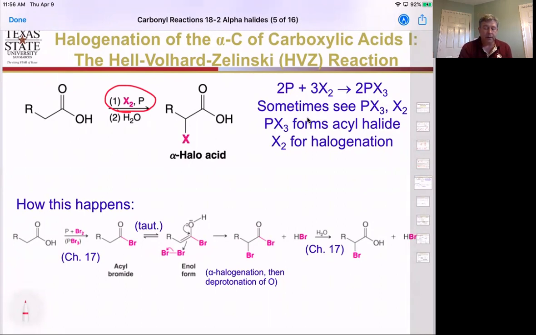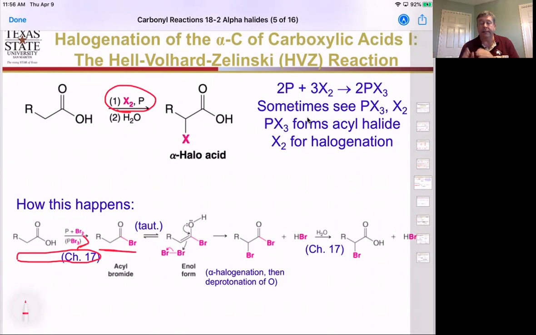So let's look down at this first step in the reaction here. We start with our phosphorus compound and bromine, and so that generates the phosphorus tribromide. The first thing the phosphorus tribromide does is remove that hydroxide to generate our acid halide. Okay.